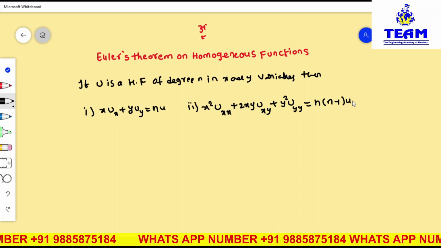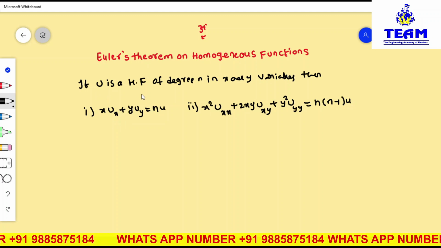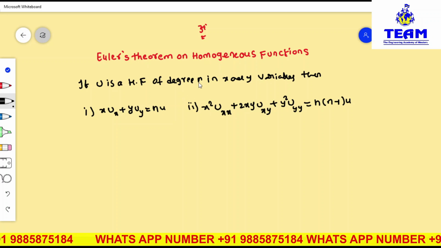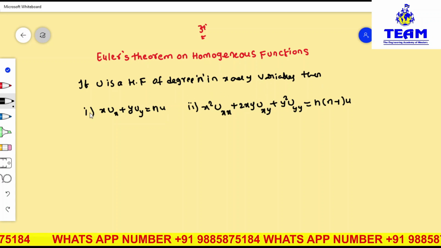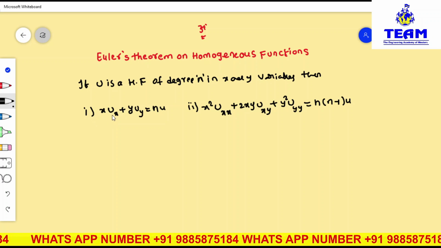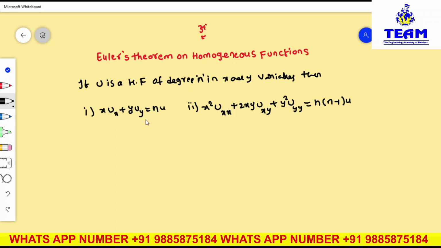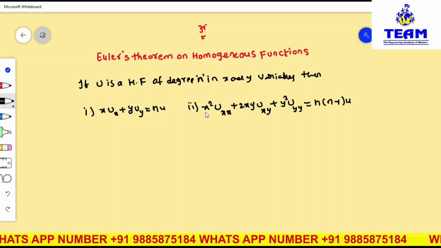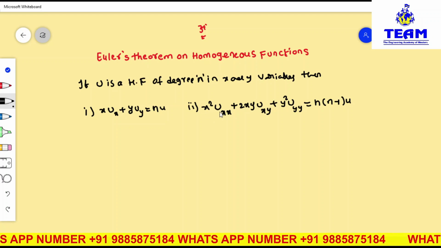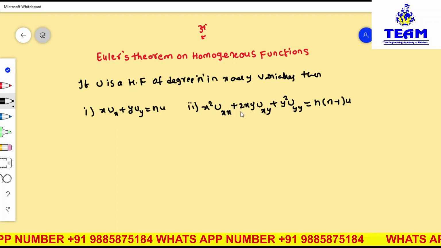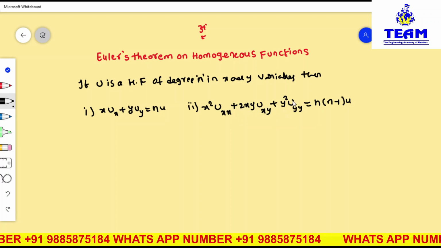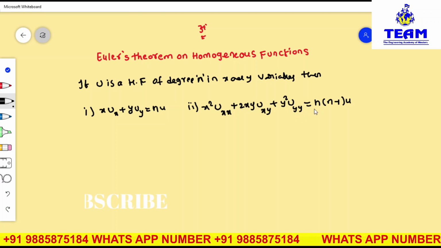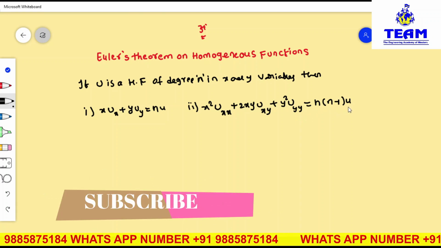Okay friends, I am repeating again. If u is a homogeneous function of degree n in x and y variables, then the first one is x ∂u/∂x + y ∂u/∂y = nu, and the second one is x² ∂²u/∂x² + 2xy ∂²u/∂x∂y + y² ∂²u/∂y² = n(n-1)u.